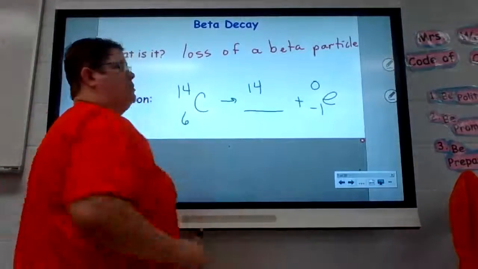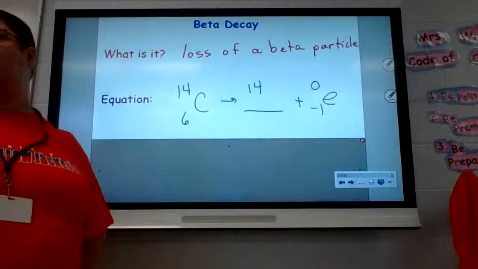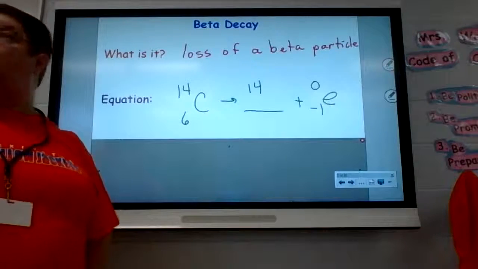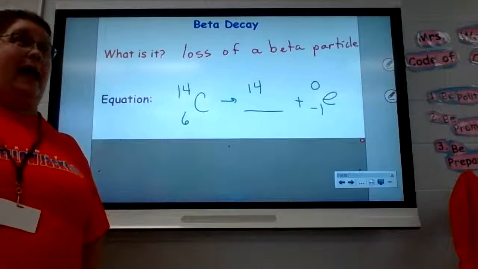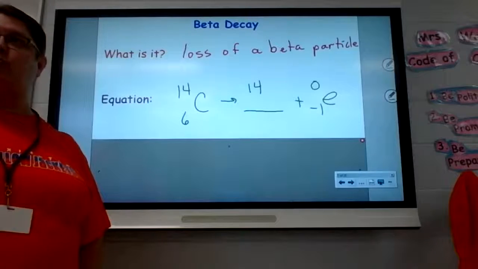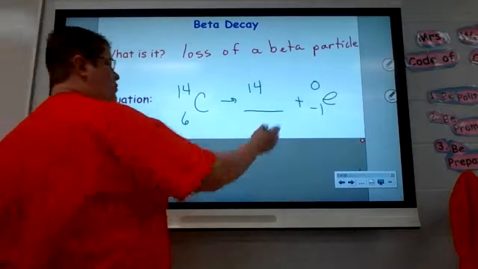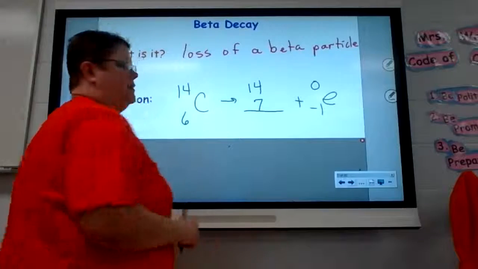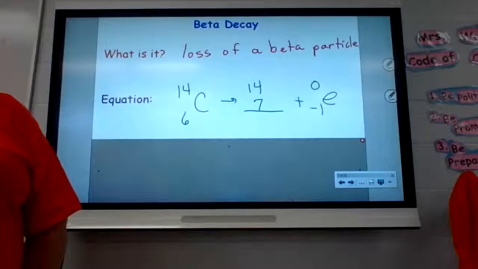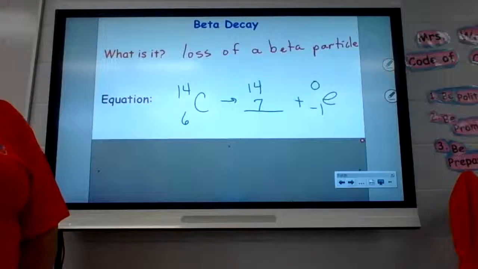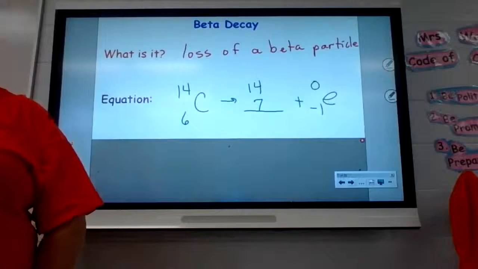Now, the bottom one is where students sometimes mess up because they get ahead of themselves and screw up the -1. But think about it the way you would in math class and you'll be fine. Instead of saying add a -1, what number subtracts 1 to give 6? There you go. 7 subtract 1 is 6. Instead of saying something plus a -1, just think of it as what subtracts 1 to give you a 6. So 7. So what element has an atomic number of 7?